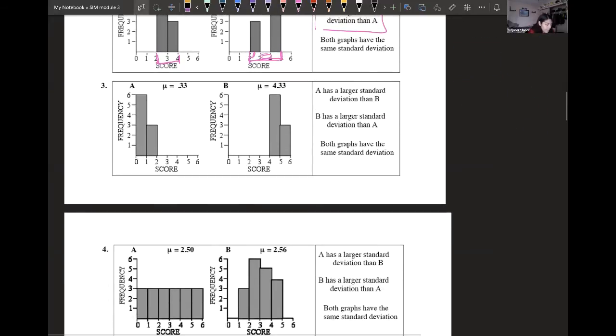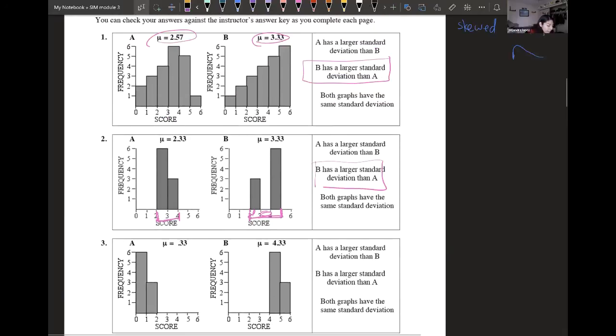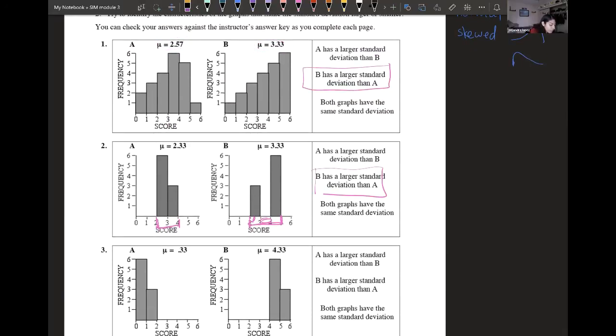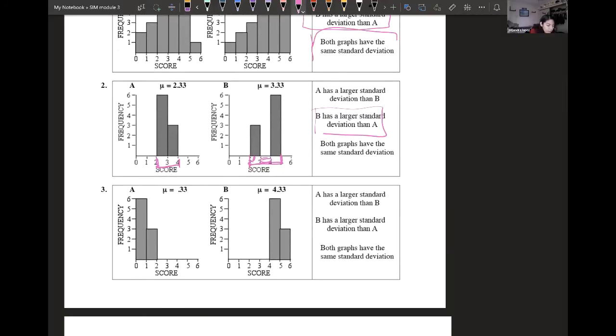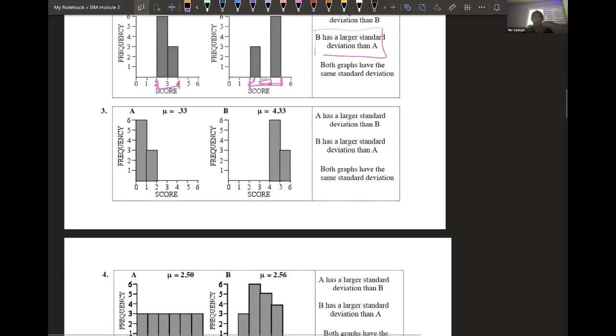Okay, 3, which one has higher standard deviation? Let's try, Mia, what do you think? Oh wait, no, the number on top is not the standard deviation, that's the mean. They're giving you the mean, I'm sorry. So scratch what I said.